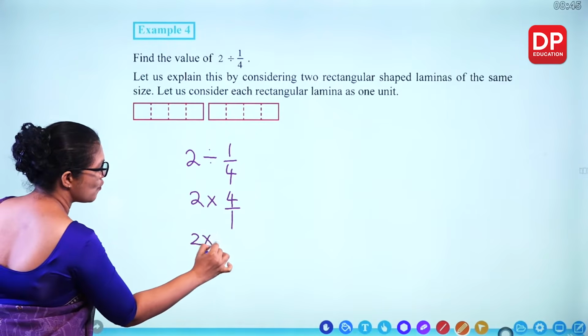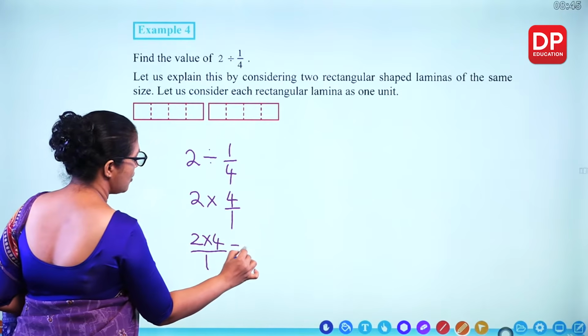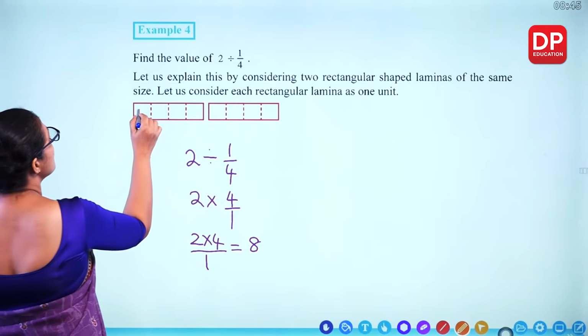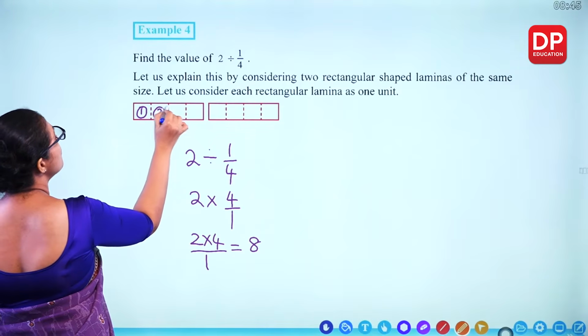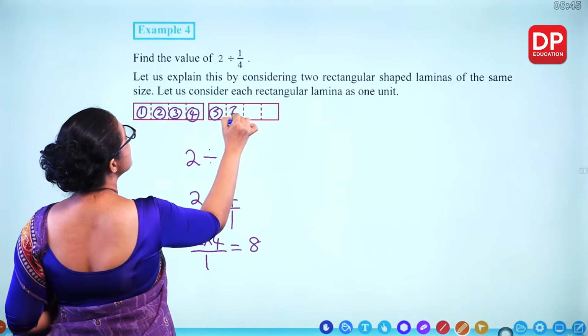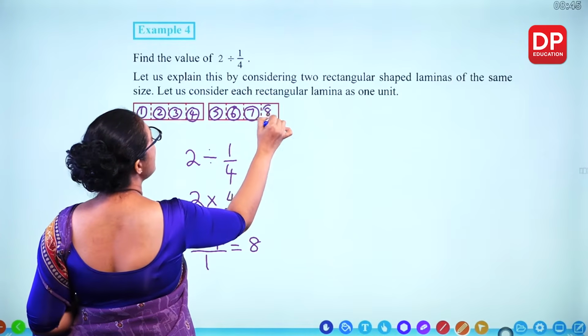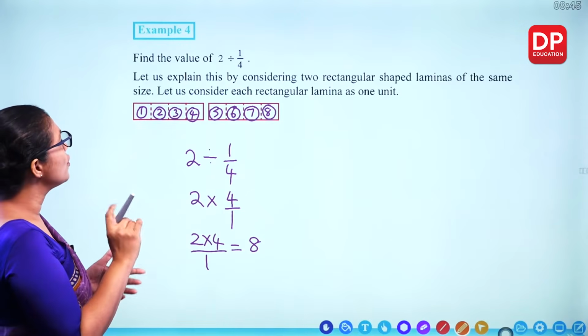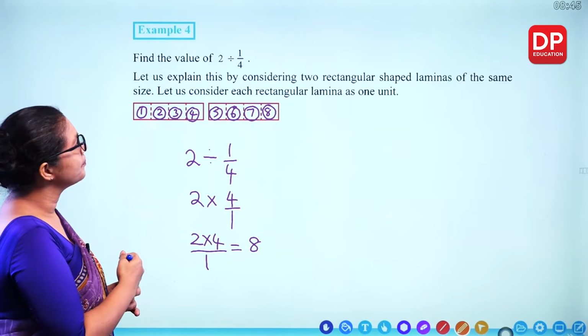So 2 times 4 divided by 1, you get 8. So 8 parts are there. So here 1, 2, 3, 4, 5, 6, 7, 8. So 2 whole parts divided by 1/4, you get 8.